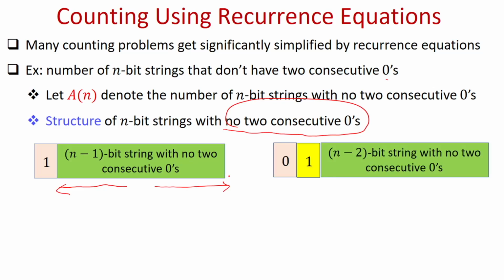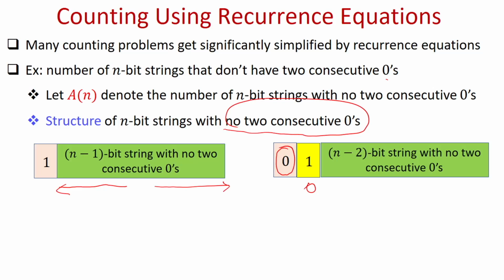The second possibility is that the string of length n starts with 0. If the string starts with 0, and we want the overall string not to have any occurrence of two consecutive zeros, then definitely the second position of that string should be 1. Because if the second position is also 0, and the first position is 0, then that's a violation.